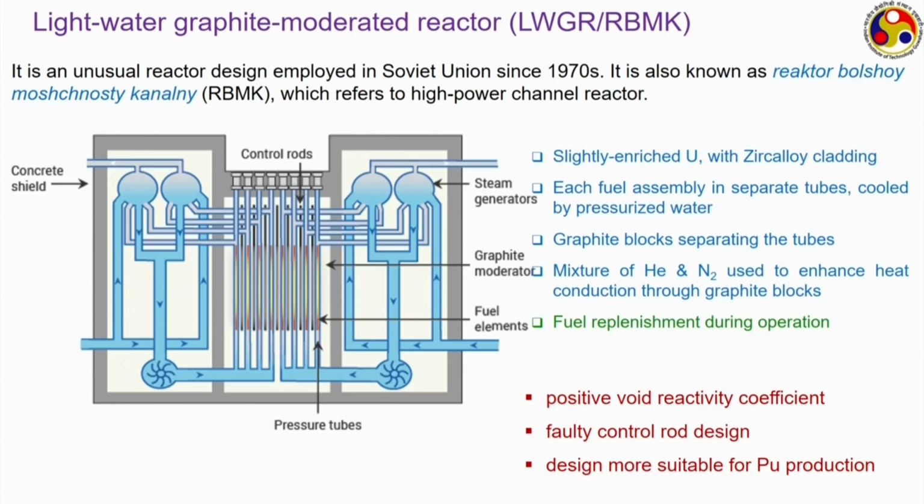The same design can be used for both plutonium production and power, but generally power production is the objective of a reactor, and therefore this design corresponding to plutonium can be quite difficult to handle.